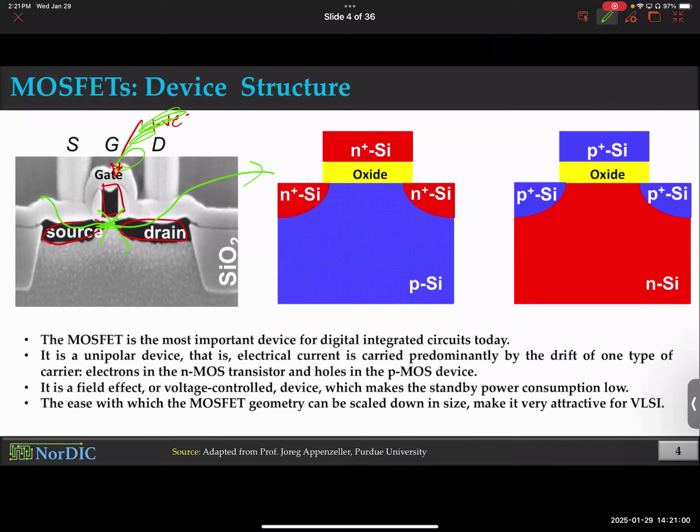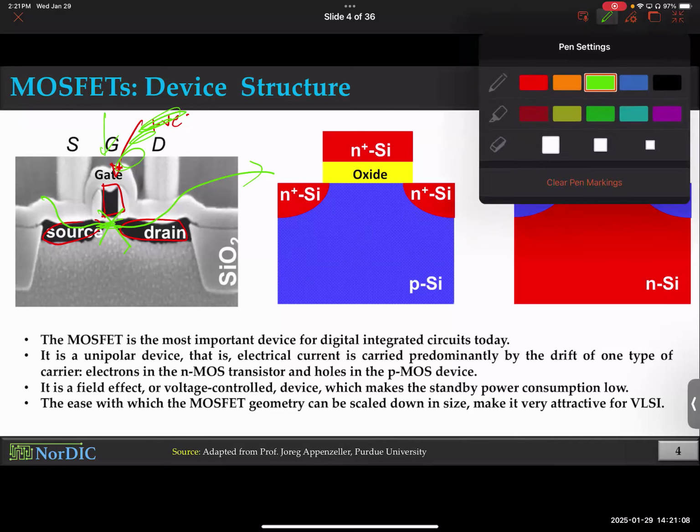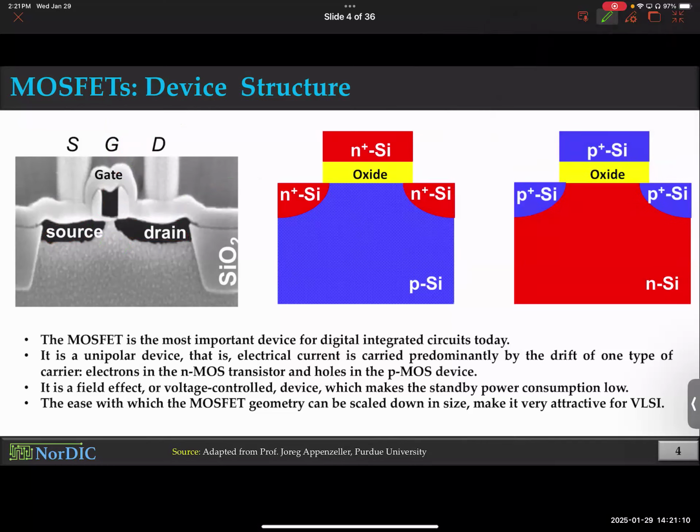So essentially, this is a switch which turns on when you apply a voltage to the gate and turns off when you take away the voltage. Am I making sense? So for a transistor, you have, again, three terminals: source, drain, gate. When you apply VGS, gate to source voltage, you create a channel which can flow current.